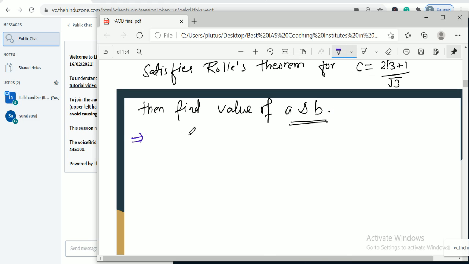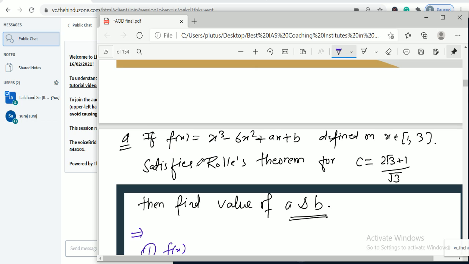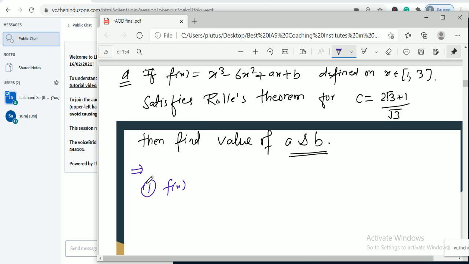If a function satisfies Rolle's theorem, then the first condition is f(x) should be continuous in the given interval. This function is a polynomial function, so we can say f(x) is continuous in x belongs to 1 to 3.